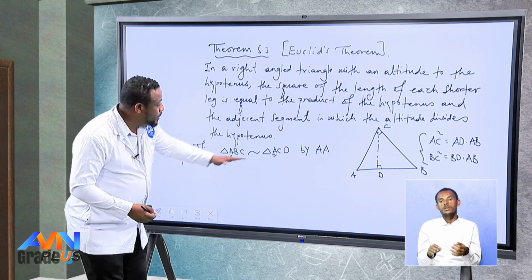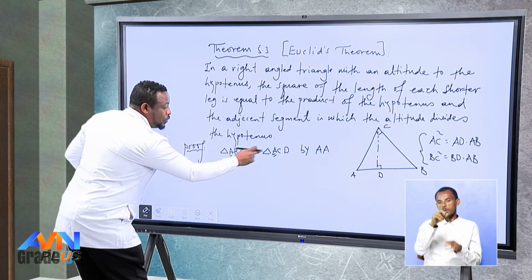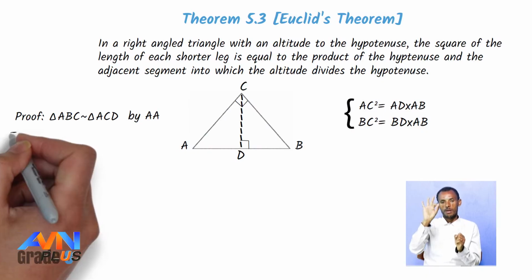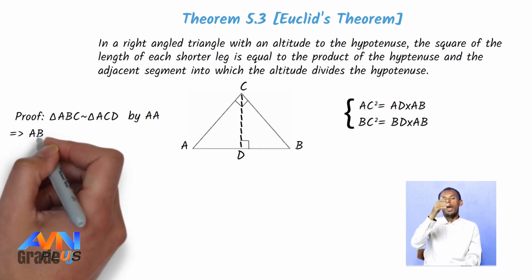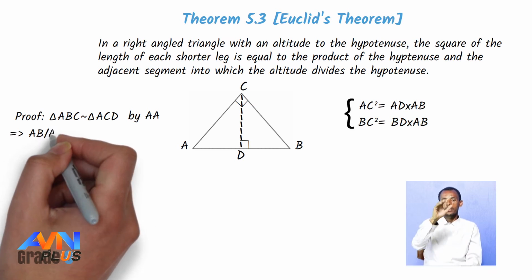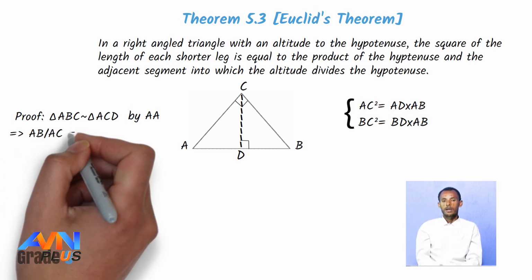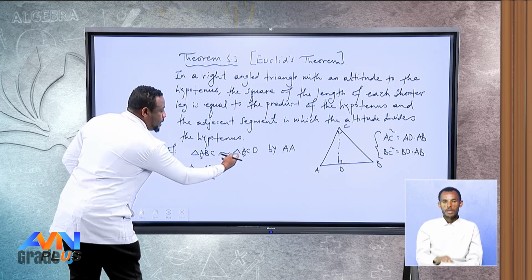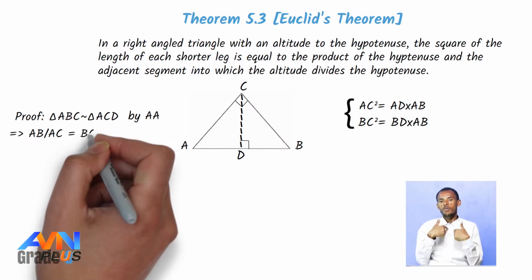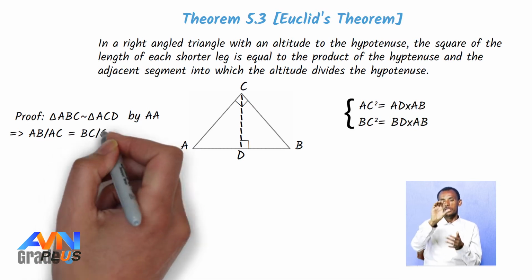So by similarity, you can obtain AB over AC must be the same as BC over CD, right?